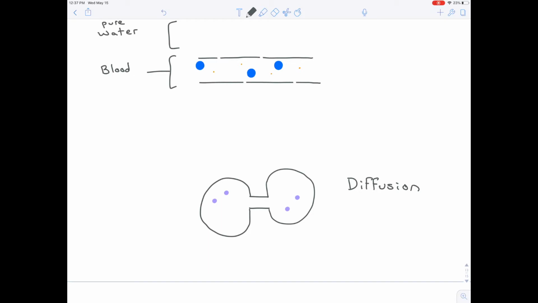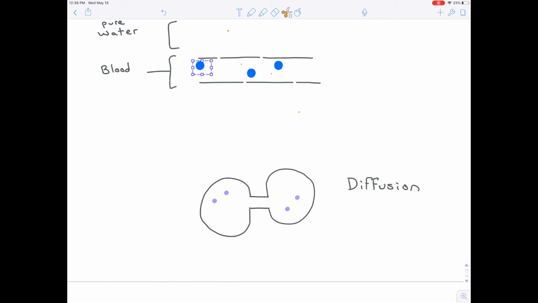Another way of saying pure water is distilled water. Now, these molecules in the tube are going to want to spread out. So the orange dots would naturally move out of the holes in the container and spread out, and that's one way we can clean those molecules out of a person's blood.